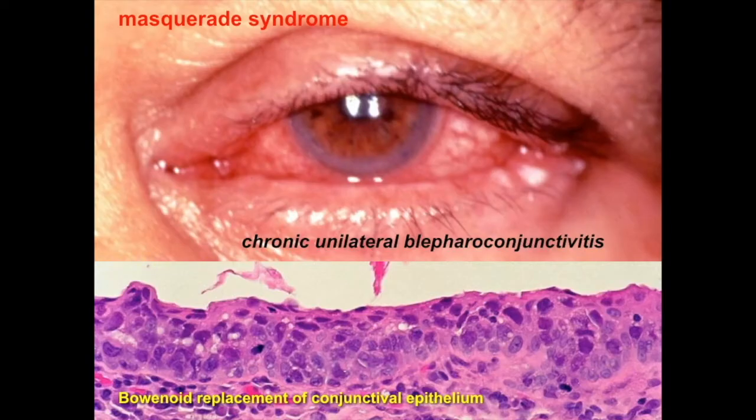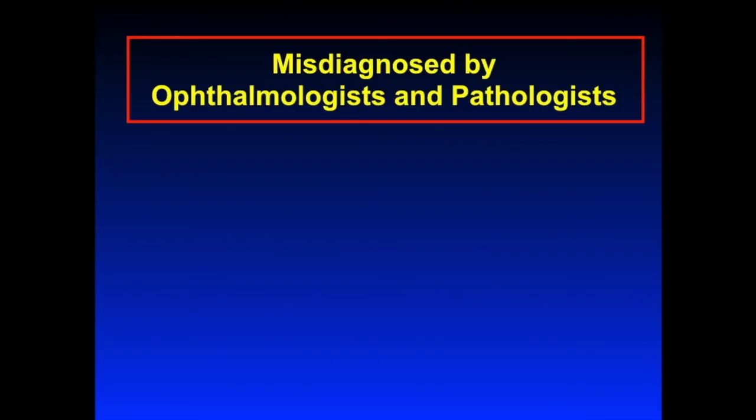And another important feature is the propensity of the tumor to invade and replace the conjunctival epithelium. This can give rise to a masquerade syndrome of chronic unilateral blepharoconjunctivitis, unresponsive to therapy. Cases have also been misdiagnosed as mucous membrane pemphigoid.